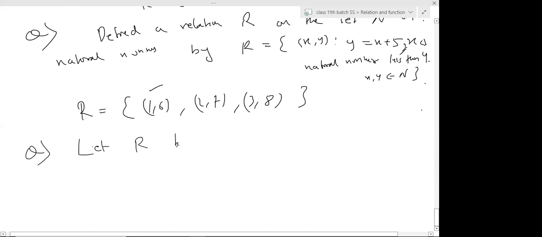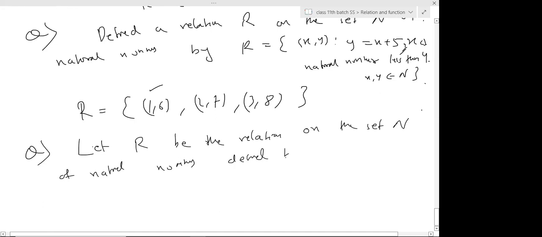Let R be the relation on the set N of natural numbers defined by R equals {(a, b) such that a plus 3b equals 12, a belongs to N, b belongs to N}.